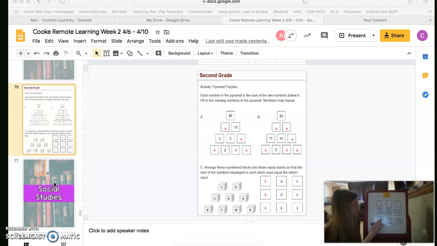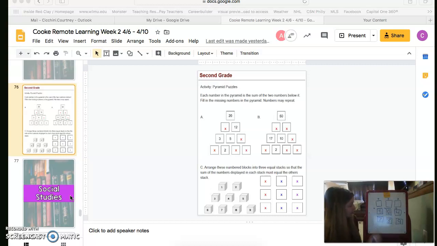Right, I'm going to add them up. 7 plus 5 is 12 so far. 8 plus 6 is 14. And 9 plus 4 is 13. And I need them all to be the same by the time we get to the top.